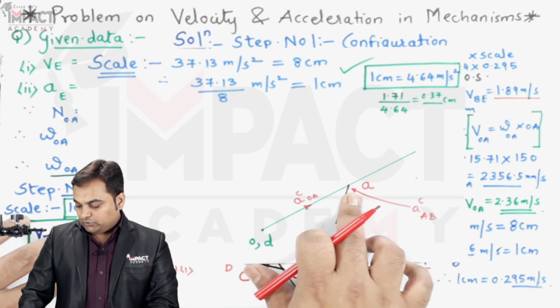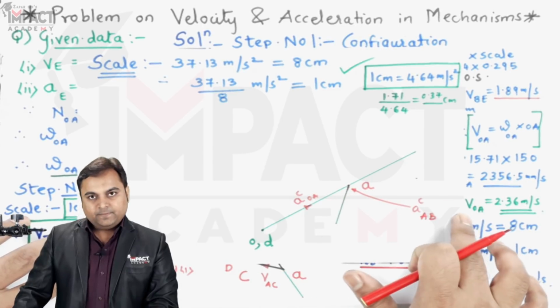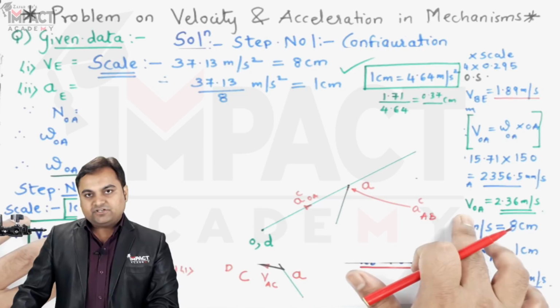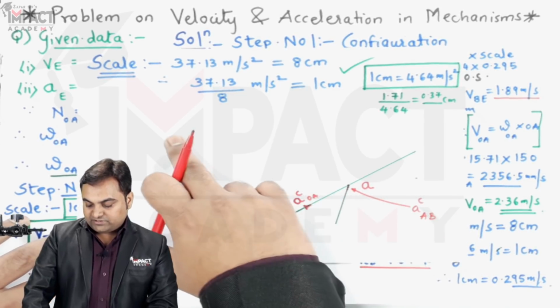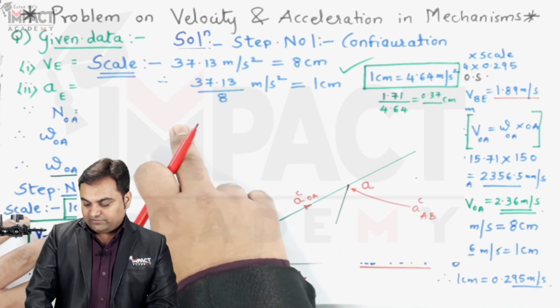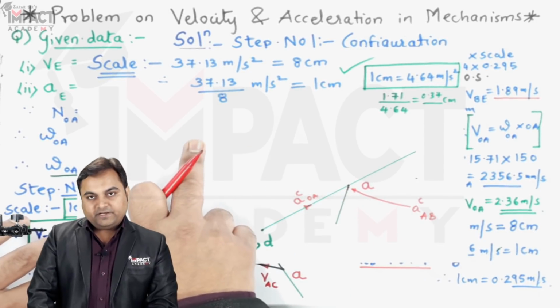Now when I am going towards the right end, then I won't be getting any intersection point here. So it is better to bring this tangential acceleration towards the left side, because here the chances of intersection are there, so that we can get point B.